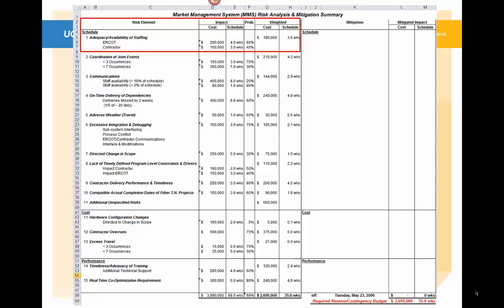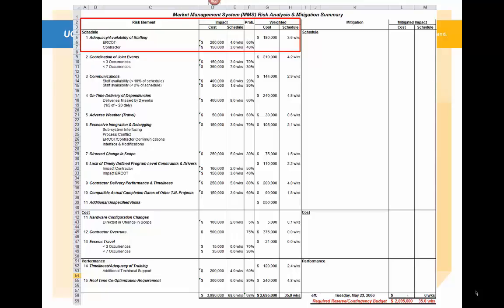Taking 60% of a 4-week schedule impact is 2.4 weeks, and then 40% of 3 weeks is 1.2 weeks. You add those together, and that's 3.6 weeks. So therefore, for this first risk on adequacy and availability of staffing, the weighted cost impact is $180,000 and the weighted schedule impact is 3.6 weeks.